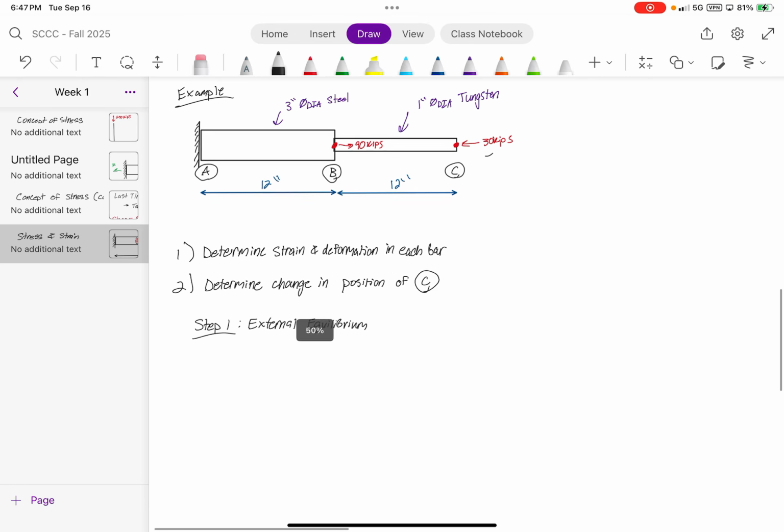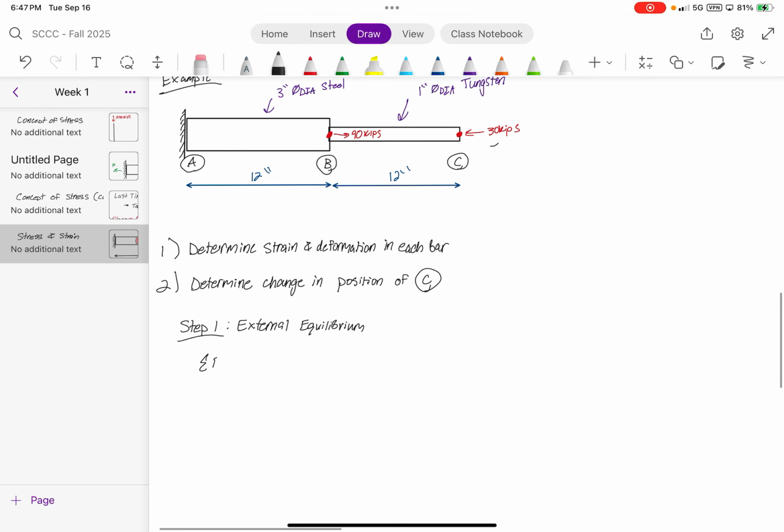And the way that we do that is, let's just do sum of the forces in the x direction. Set that equal to 0. We've got 90 kips moving to the right, which means it's positive 90. We've got 30 kips moving to the left, so we add negative 30 kips.